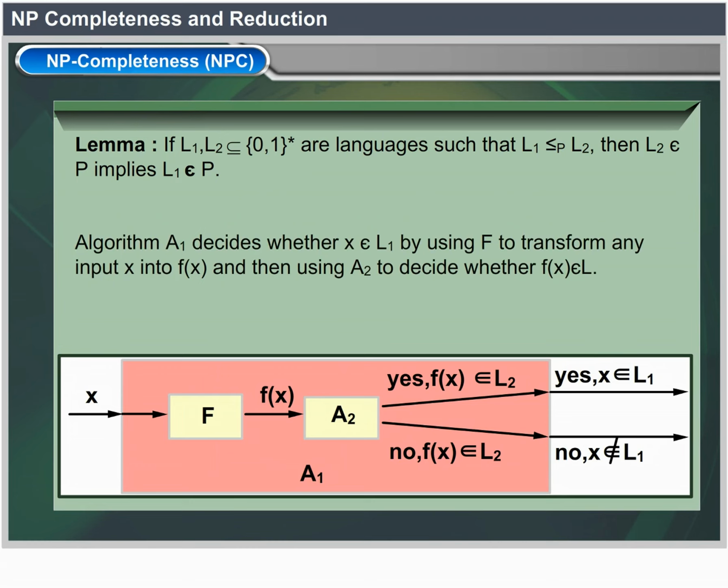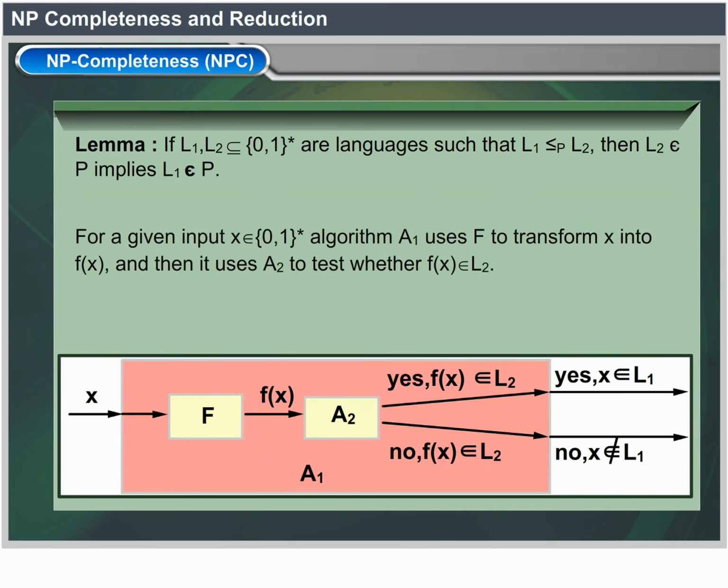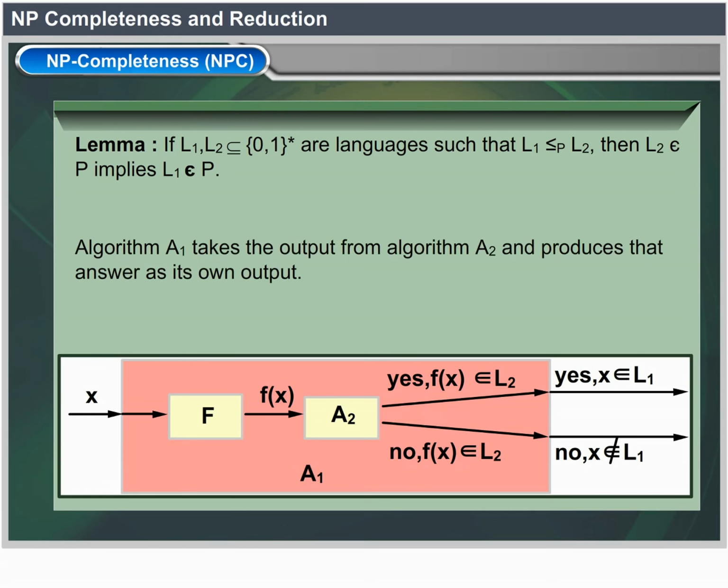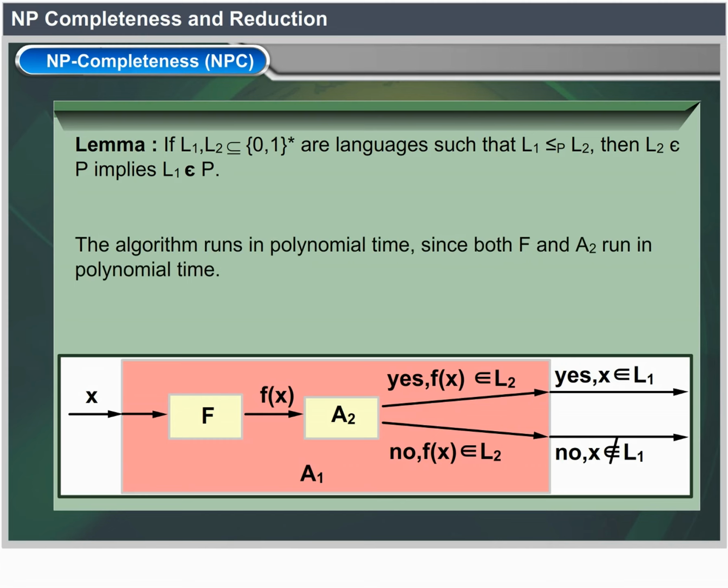For a given input x belongs to {0,1}*, algorithm A1 uses F to transform x into f(x), and then it uses A2 to test whether f(x) belongs to L2. Algorithm A1 takes the output from algorithm A2 and produces that answer as its own output. The algorithm runs in polynomial time since both F and A2 run in polynomial time.